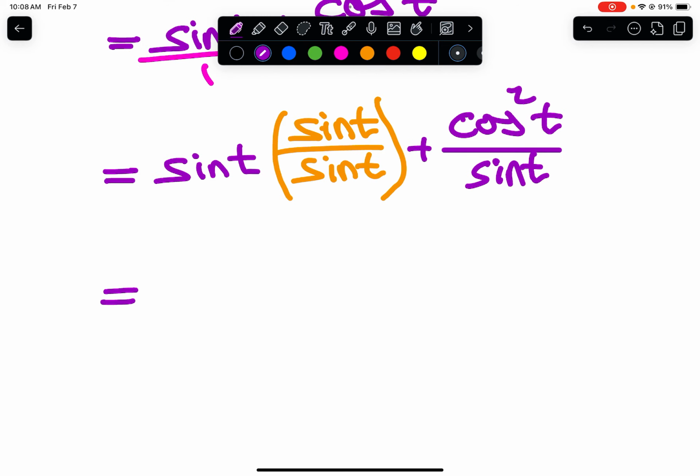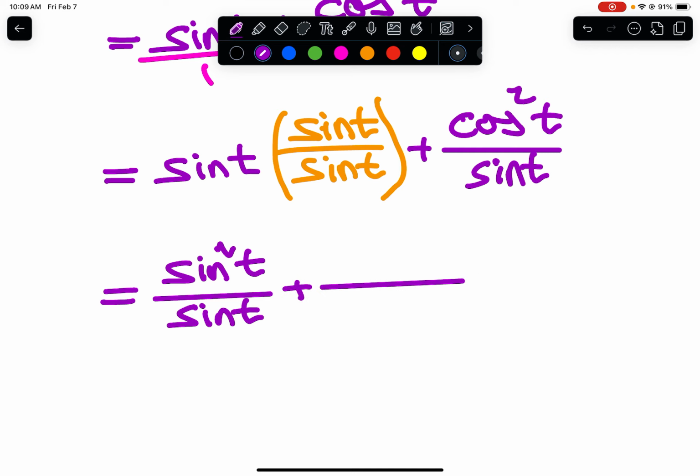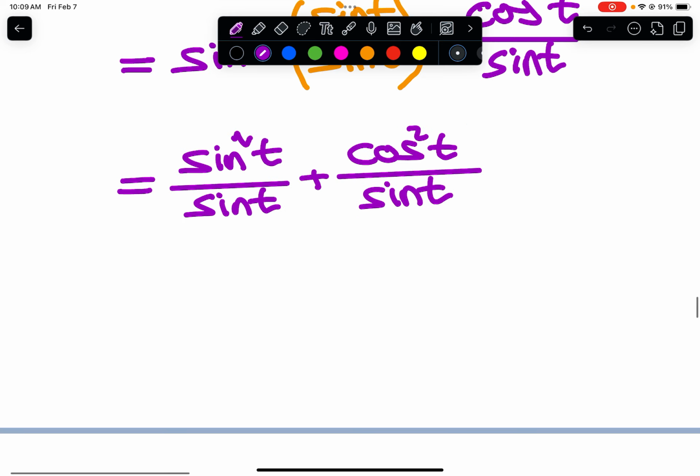So what's going to happen is now I'm going to multiply sine t and sine t, and then that's going to become sine squared t over sine t, and then plus cosine squared t over sine t. And now that I have a common denominator, I can add these together.